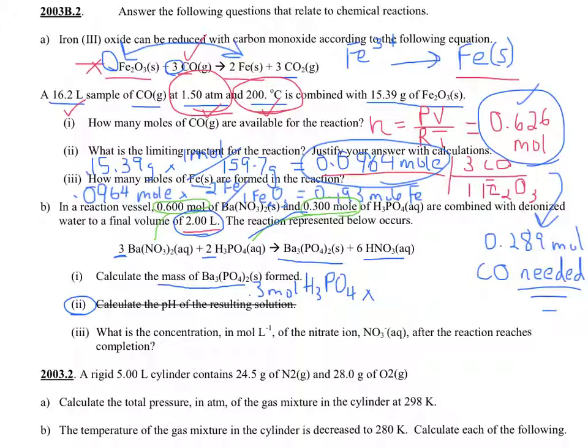We're going to get 1 of the barium phosphate for every 2 of our phosphoric acid. So our moles of phosphoric acid will cancel. Now we know moles of barium phosphate, and the second step, plugging in the molar mass of barium phosphate.